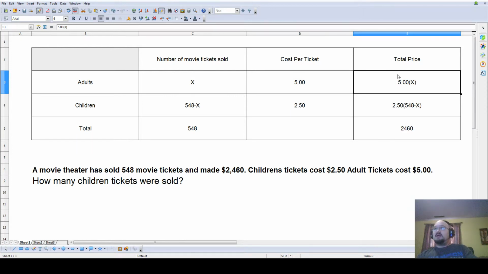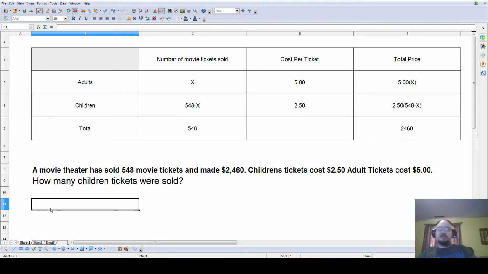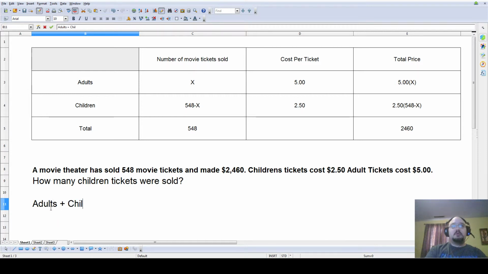This plus this would equal that, right? It's the adults and the children. So the adults plus the children equals this total value, this 2,460 that they gave us, right?